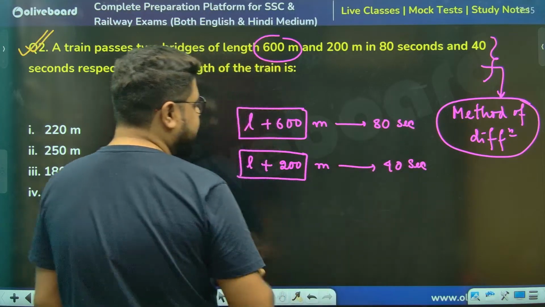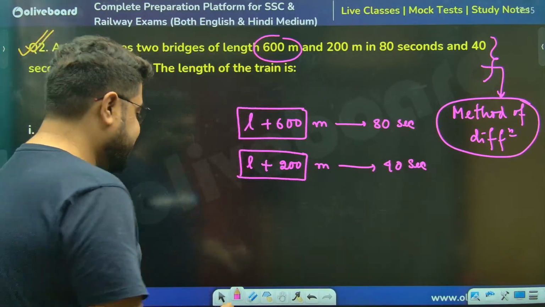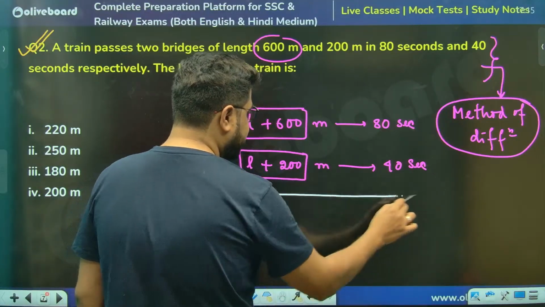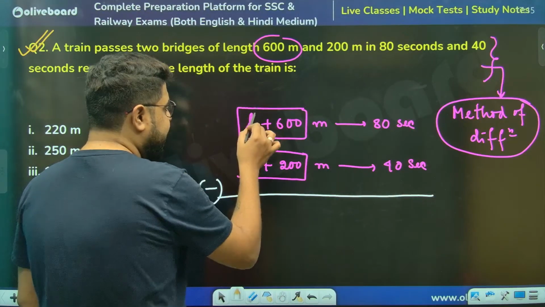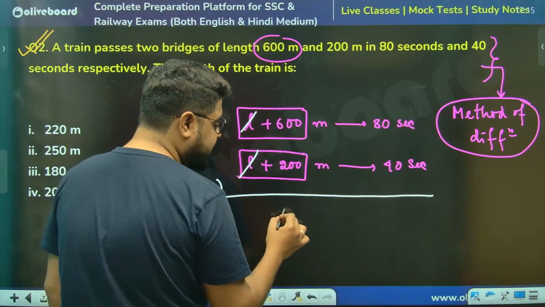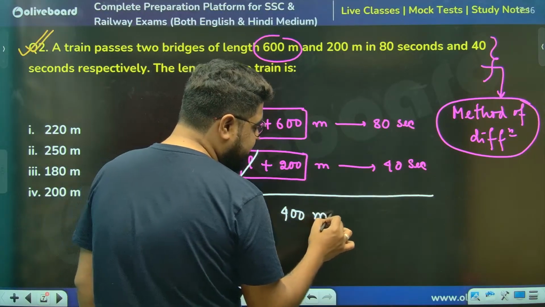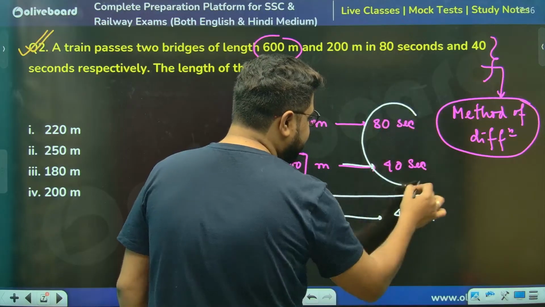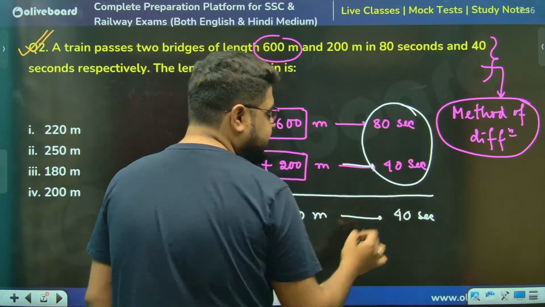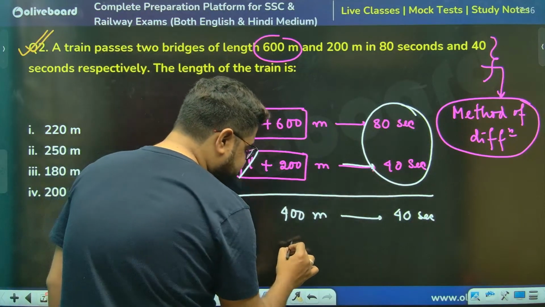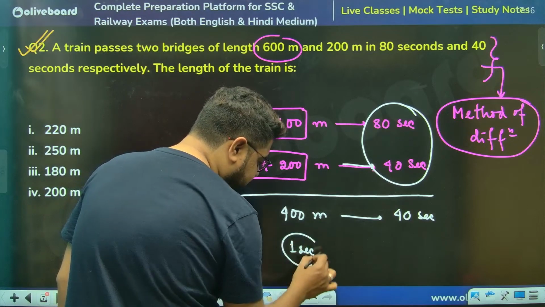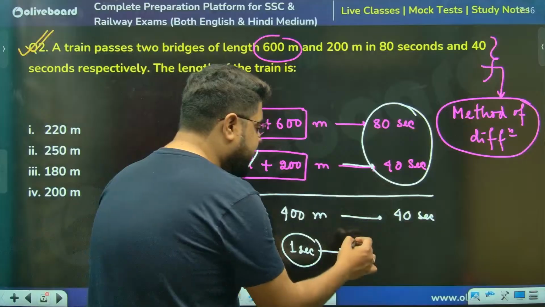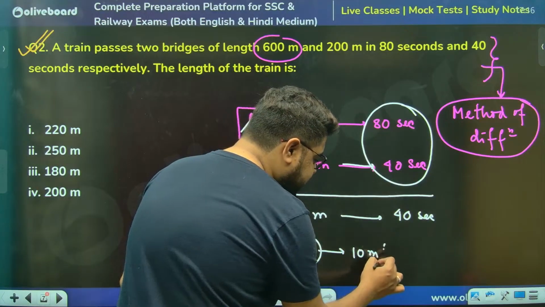So if I take the difference, L cancels, 600 minus 200, 400 meters, it goes in 40 seconds, because 80 minus 40 means 40 seconds. So what is the speed? Whatever distance the train goes in 1 second, that is the speed. 400 by 40, that is 10 meters per second.